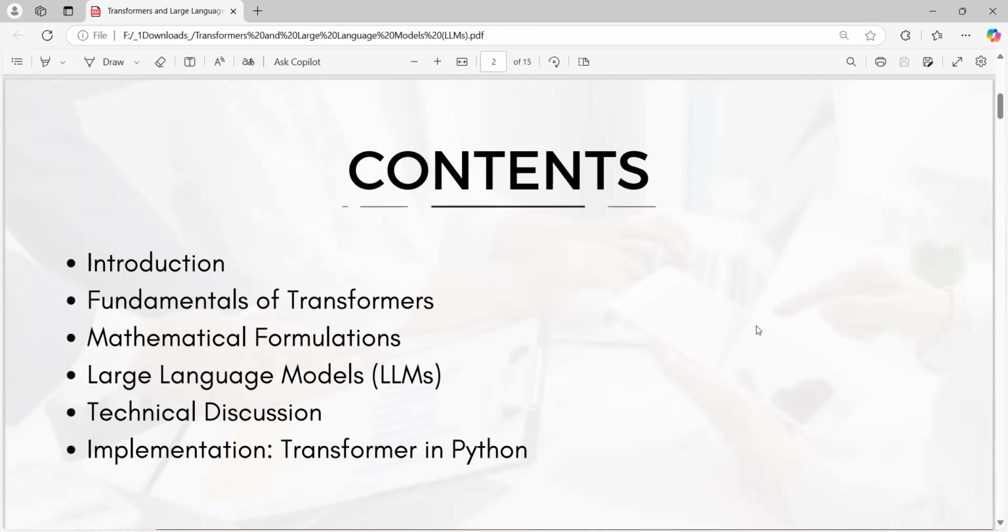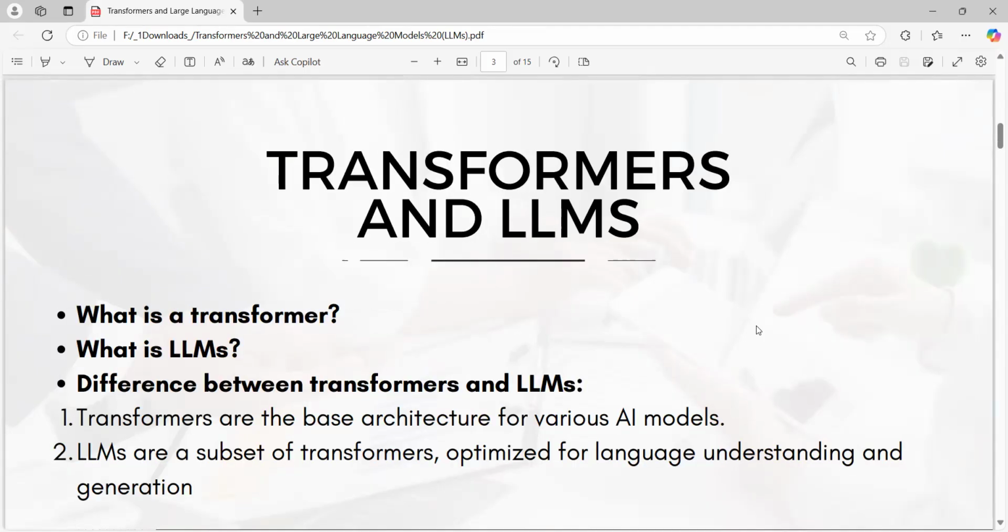Then we will learn about the mathematical equations that are used. Then we'll learn about large language models and have a bit of technical discussion. And then I will provide the Python code or the resources for the implementation purpose.